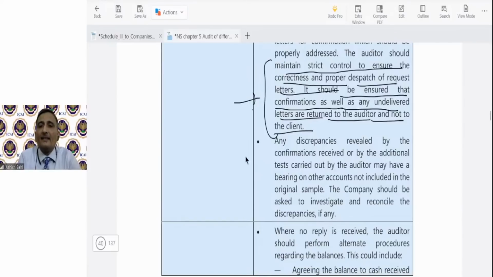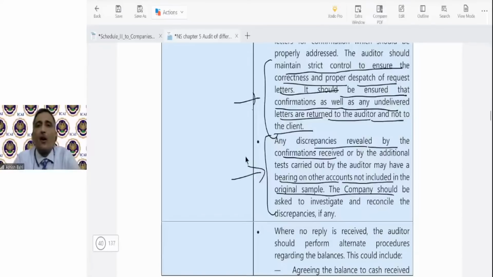So any discrepancies revealed by the confirmations received may have a bearing on other accounts not included in the original sample. So अगर कुछ कन्फर्मेशन रिक्वेस्ट ऑडिटर ने भेजी है और कोई रिस्पॉन्स जो ट्रेड रिसीवेबल से आए हैं, डेटर से, उनके बीच में कुछ डिफरेंस है, so auditor would obviously try to dig out what is the reason. उसके सैंपल में सपोज 1000 ट्रेड रिसीवेबल्स हैं और उसने 20 का सैंपल ले रखा है, तो उस 20 के सैंपल में मान लीजिए 5 में उसको डिफरेंस मिलता है.